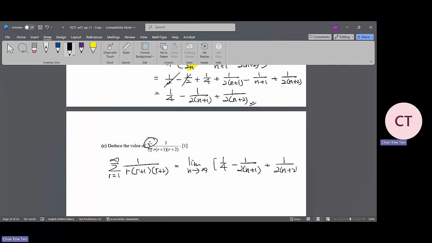And when n approaches infinity, this will become 1 over 4 because this will become 0, and this will become 0 as well. So the answer will be 1 over 4. Done for number 2.